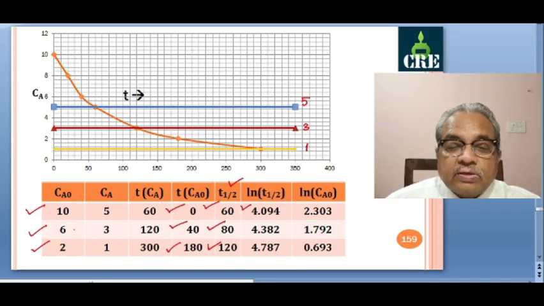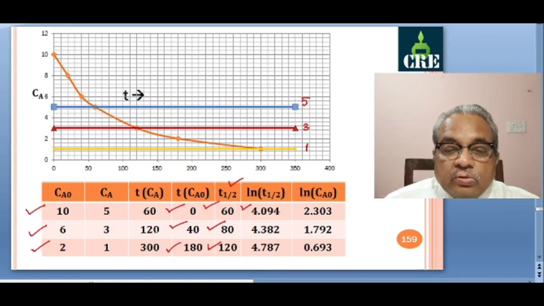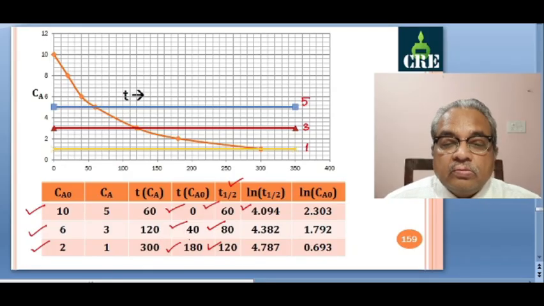Second, it starts with 6 and ends with 3, so 120 minus 40. Okay. And the last point, 300 minus 180, so 120.